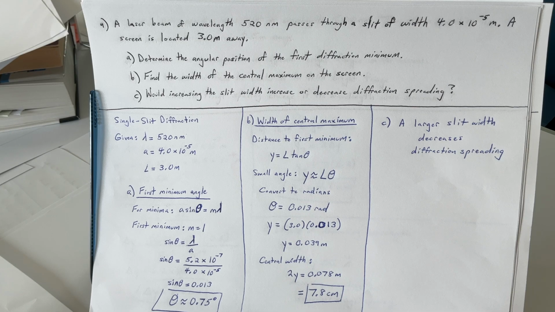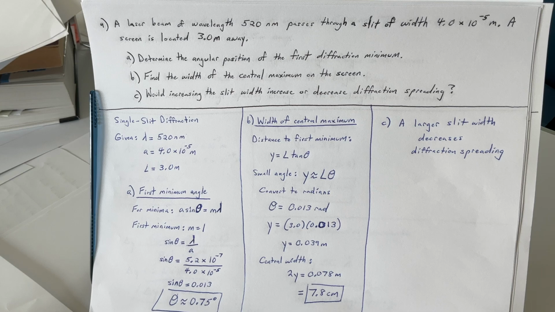For part B, find the width of the central maximum on the screen. So the width of the central maximum is the distance to the first minimum, y equals L tangent theta. For a small angle, y is approximately capital L times theta. Convert to radians. Theta equals 0.013 radians.